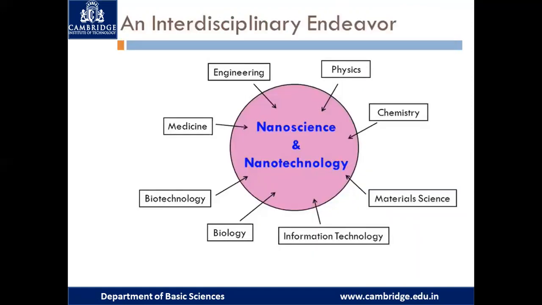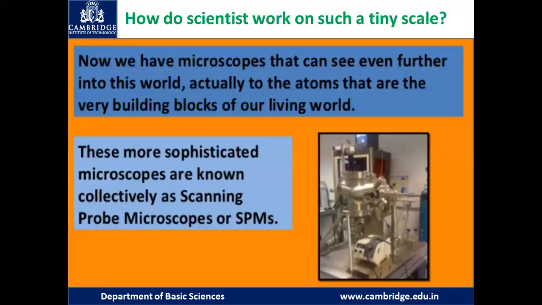Nanotechnology is an interdisciplinary subject related to physics, chemistry, material science, information technology, biology, biotechnology, medicine, and engineering. How do scientists work on such a tiny scale of materials? Now we have sophisticated microscopes known as scanning probe microscopes.